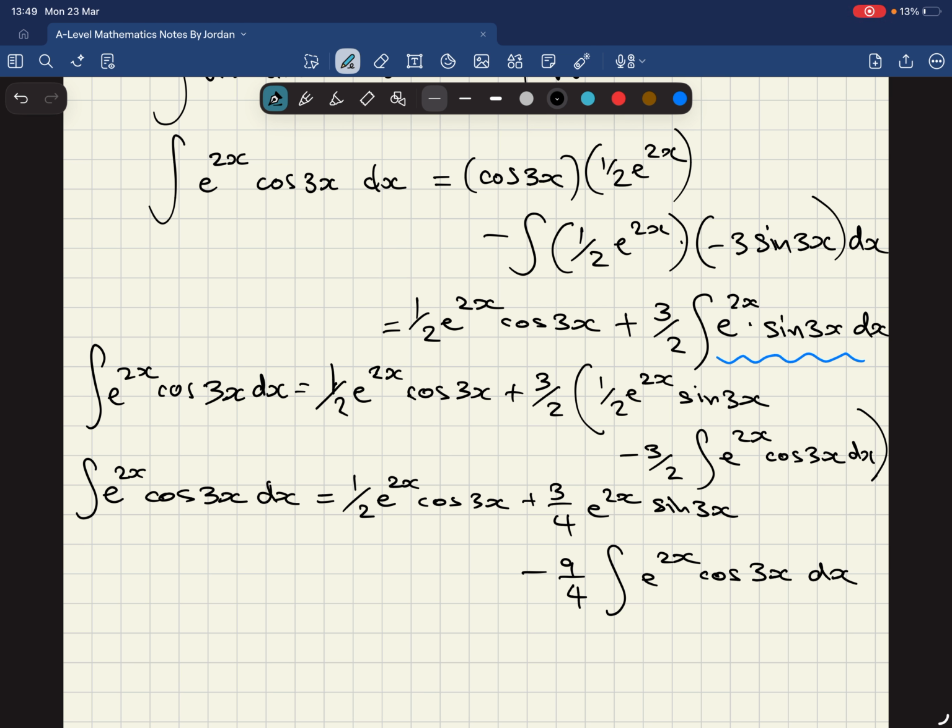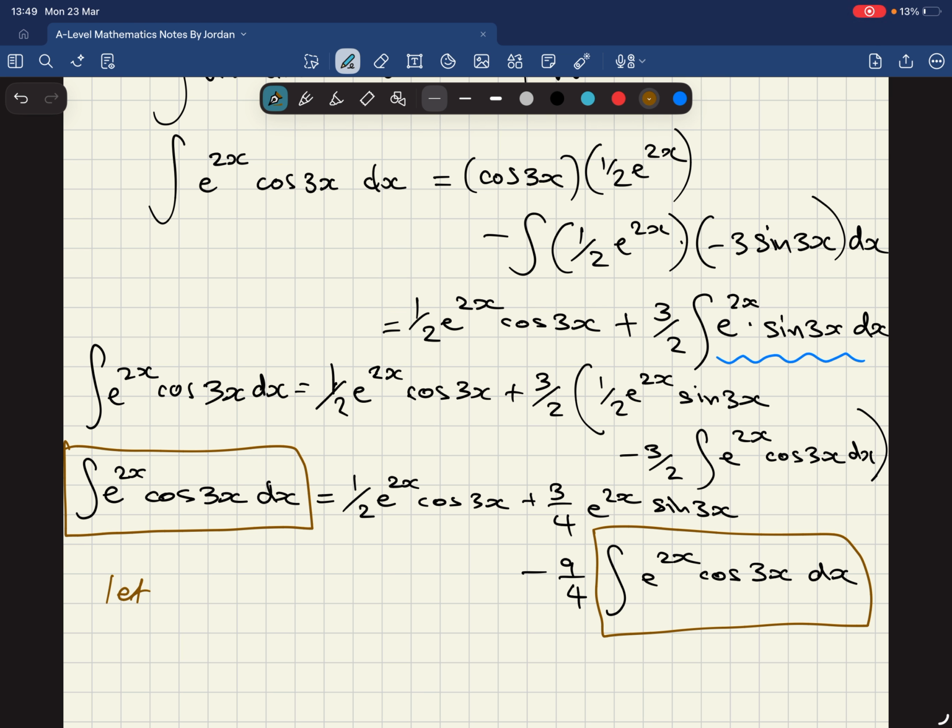And what you should notice is, if I make this really clear, that is exactly the same as that. So you've got the repeated integral come back. So what I'm going to do is just replace this with the letter I, and also this, because it's the same thing. So effectively we're going to let I equal the integral of e to the 2x cos 3x dx.